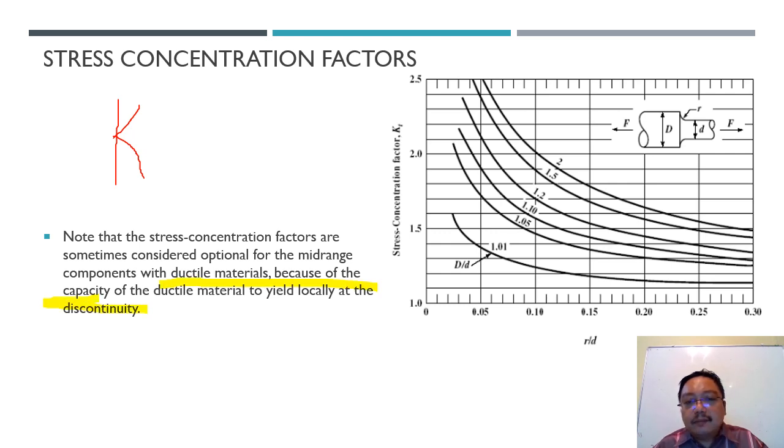What does this statement mean? Let's say this is a ductile material. What does it mean by this discontinuity? Let's say my hand here is the discontinuity. This is the shaft, this is the clamp for the shaft. And then when I squeeze the shaft, it becomes like this.